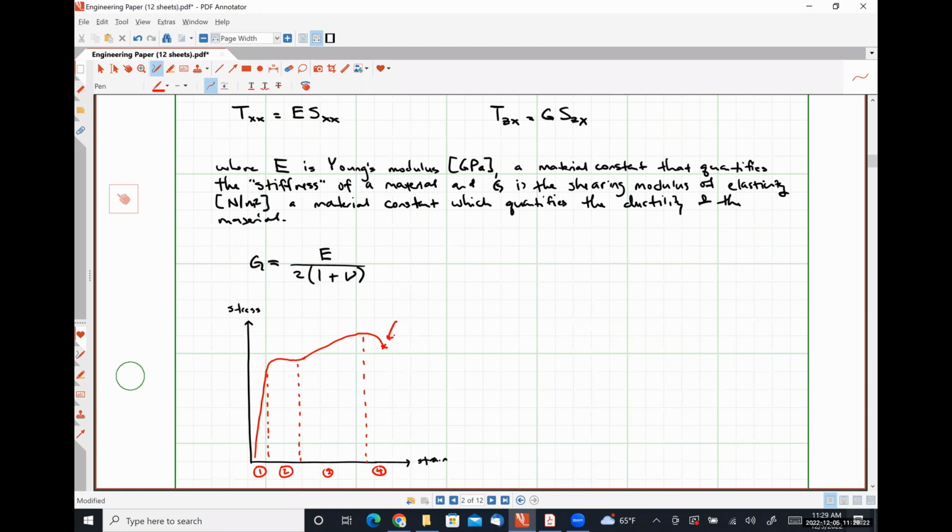This point is known as our fracture point. This most positive vertical peak here on this portion is our yield stress. This point here, where we're at our most positive, is what's called our ultimate strength point.